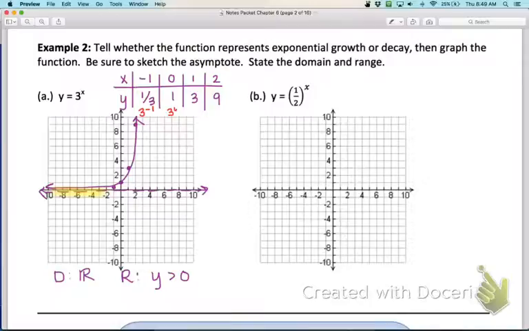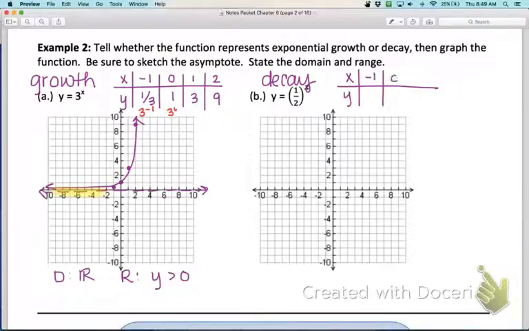Okay, so let's look at, and it asked us whether this was growth or decay, and this one is growth because b is 3 in this case. So the second one, because b is 1/2, this one is going to be exponential decay. And same thing, we want to set up a table. Now, when we do negative exponents of a fraction, it just flips your fraction over.